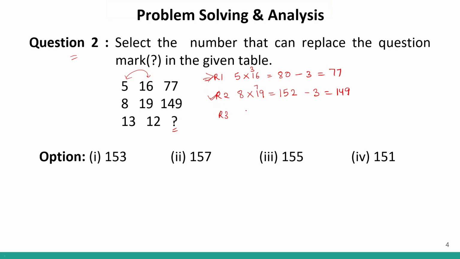In row 3, we have to do the same thing. 13 into 12 gives me how much? 156. And if I subtract 3 from 156, I will get 153. So 153 will be my answer, which is in option number 1. So for question number 2, option number 1 is the correct answer.